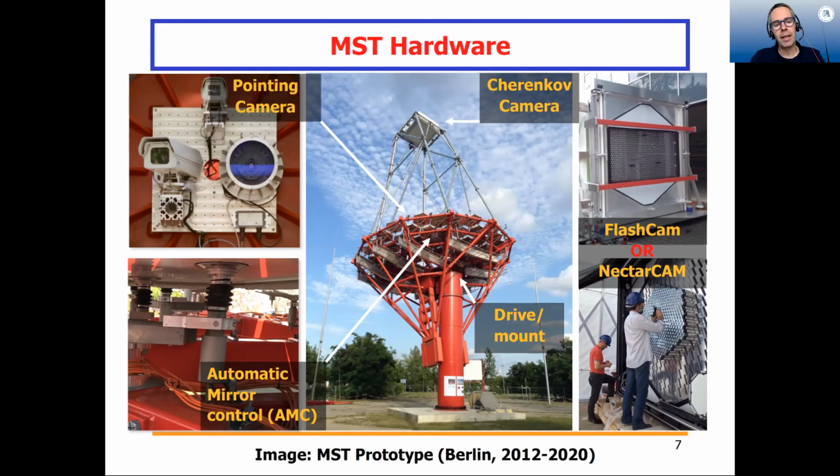The mirror is made up of 86 hexagonal mirror facets, and they are fixed at 3 points, and 2 of them can be moved in and out by so-called actuators. These are stepper motors. And with this AMC system, automatic mirror control, we can adjust these mirror facets such that in the end, you're getting one big spherical mirror with a radius of curvature of 19.2 meters.